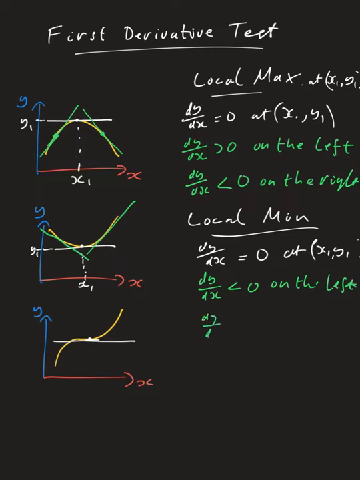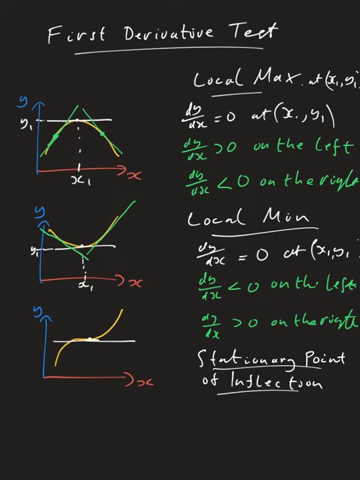And dy dx is going to be greater than 0 on the right. For the stationary point of inflection, here the rate of change is positive here. It goes to 0 at this point of inflection, or at the stationary point, and then it goes back to being positive. So there's no change in the sign.